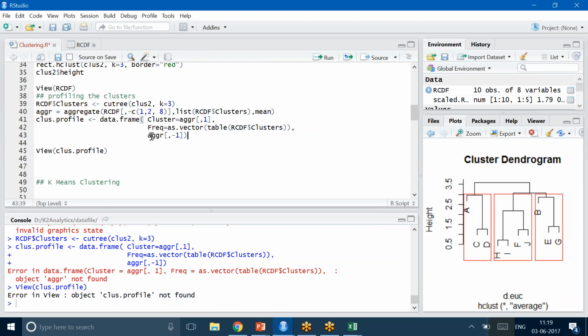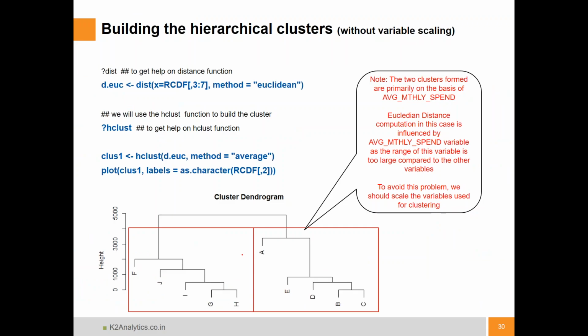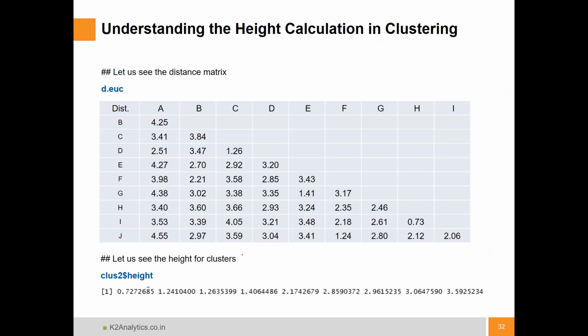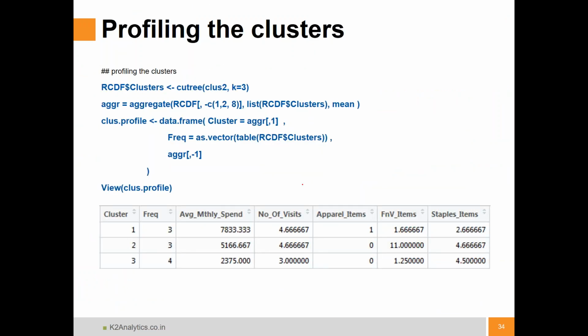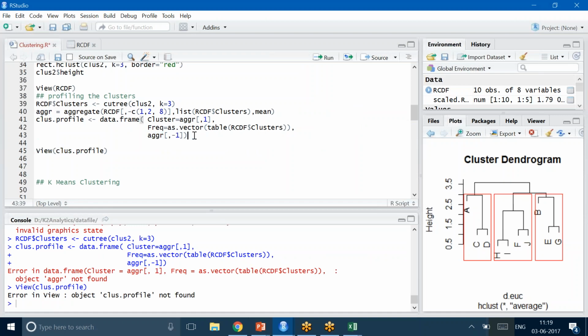It says aggregation function not found. Cluster profile data frame, cluster equal to, this is the same code. There are no changes. Let me run this again.